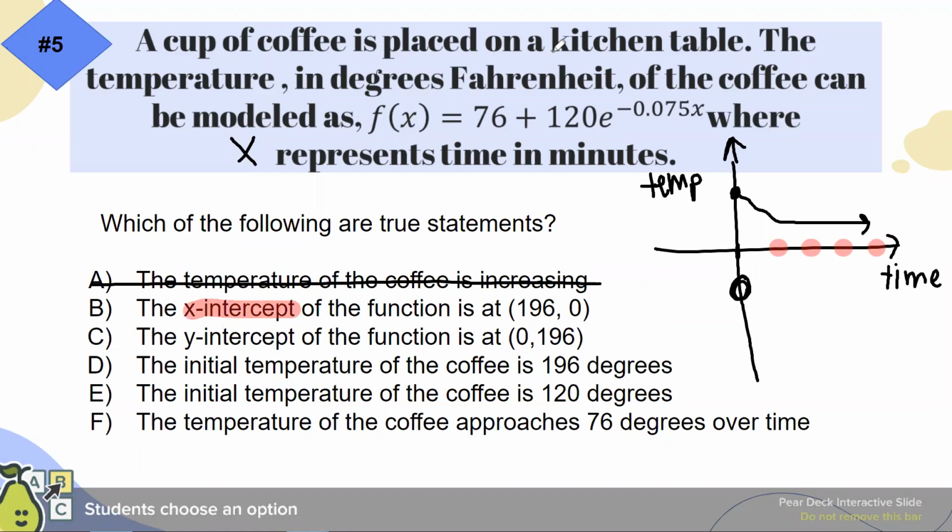That would mean the temperature is equal to 0 degrees Fahrenheit, and the freezing point is 32 degrees. Does a cup of coffee ever get frozen just from sitting in a room temperature house? No, it's never going to have an x-intercept. That just doesn't make sense. Our cup of coffee never gets that cold.